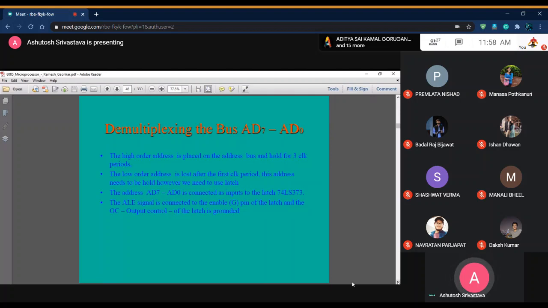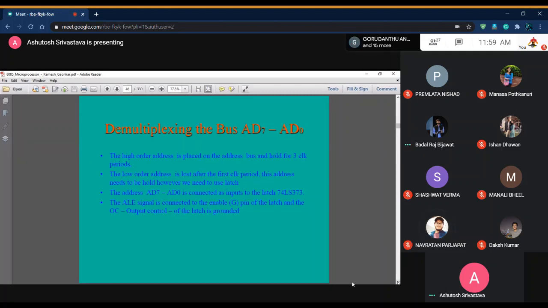This is to explain and expand on that, and talking in terms of how many clocks are required for the communication and the retention time of the lower and higher order of your address signals through your address buses. Am I audible? Hello?